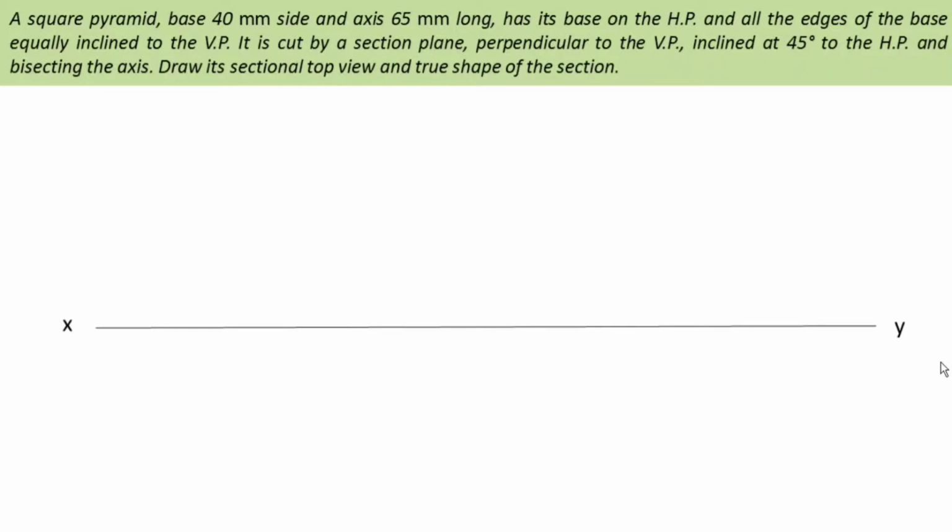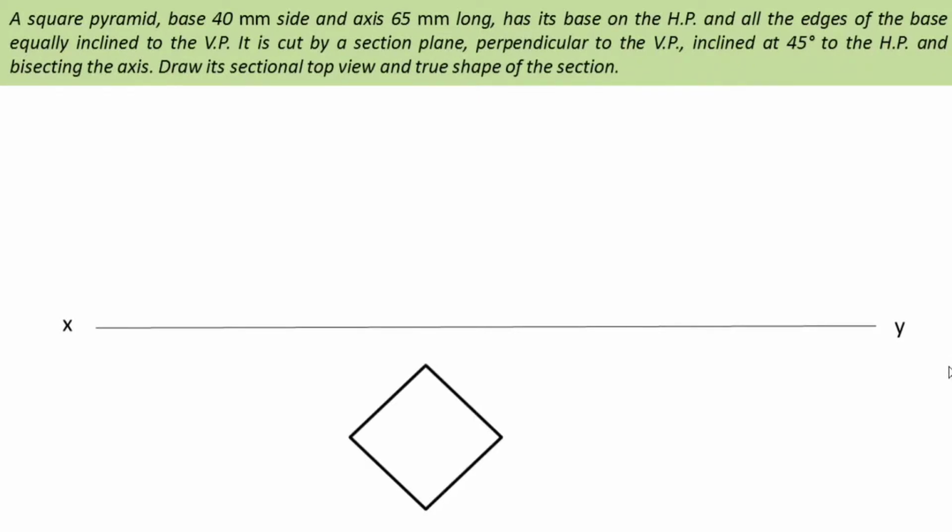The true shape of the base is visible in the top view, not in the front view, because it is equally inclined. If it was not equally inclined, then we could start with the front view also. In the front view the length would be slightly decreased. So start with the top view.